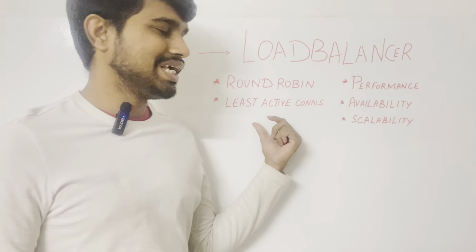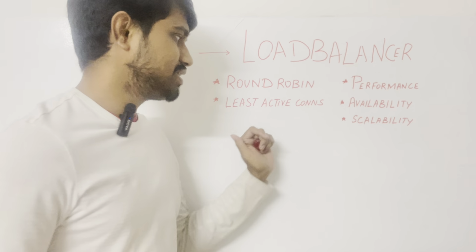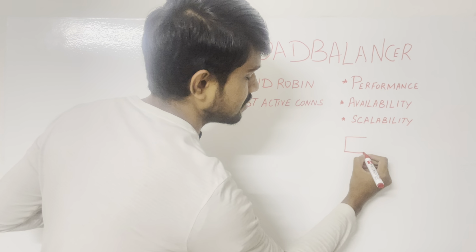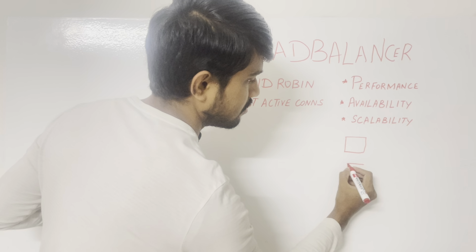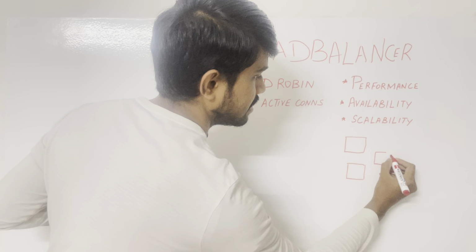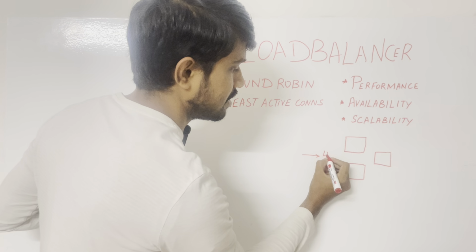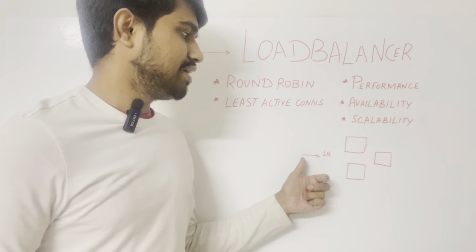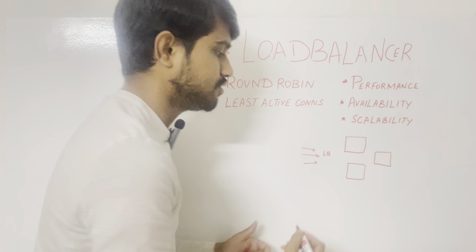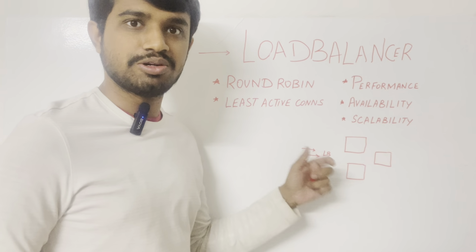So what do I mean by least active connections? Say you have three servers, and the requests are coming in via the load balancer. The first user asked for a big streaming video, the entire match, not even the highlights.